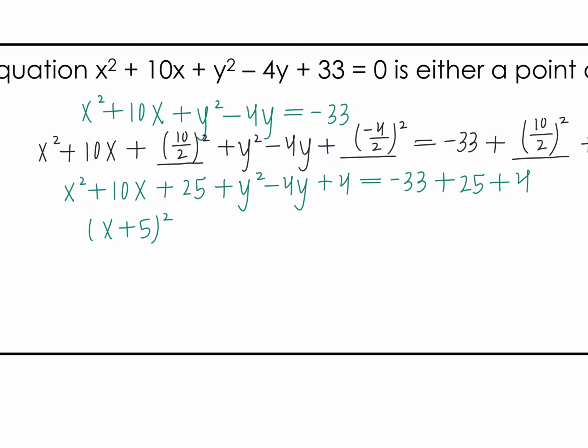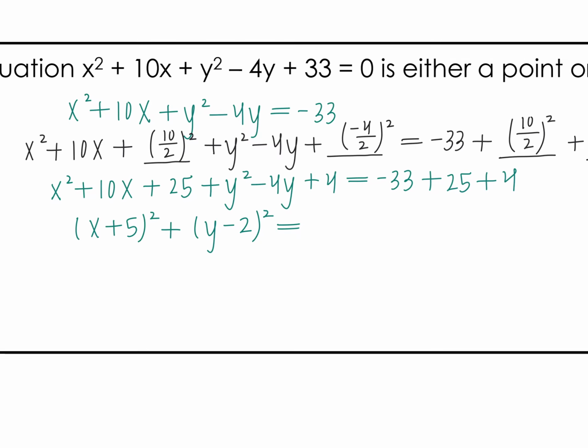And so we'll have x plus 5 squared plus, and then for the y, we're going to have half of that negative 4 is negative 2 squared, so y minus 2 squared is going to be equal to, and then on the other side, we have negative 33 plus 29, which will leave you with negative 4 as your r squared. And so if this here is my equation of my circle, we can determine that this is non-existent.